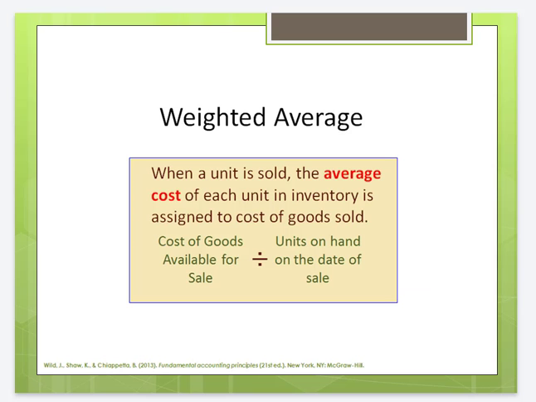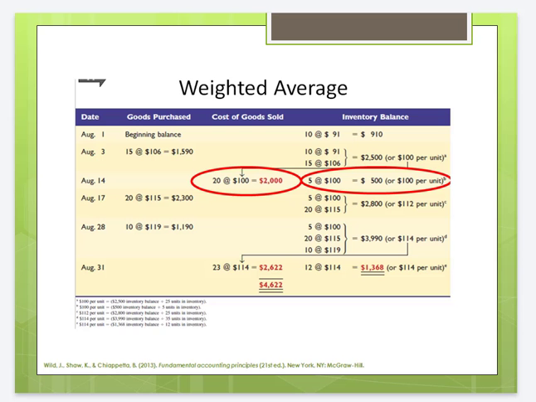Okay? When we use a weighted average approach, every time a unit is sold, we have to compute our average cost per unit of inventory that we have on hand. So, in this particular example, remember we started with our beginning inventory. We had 10 units at $91.